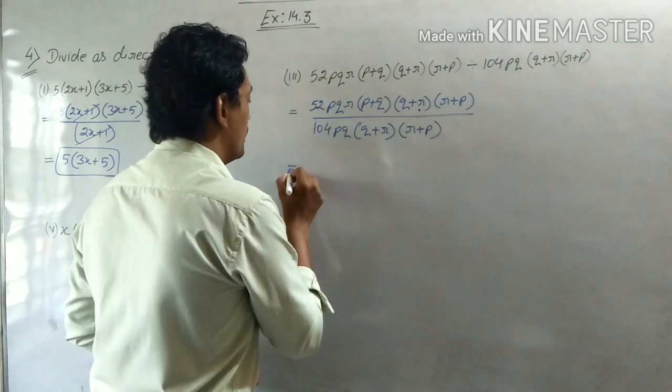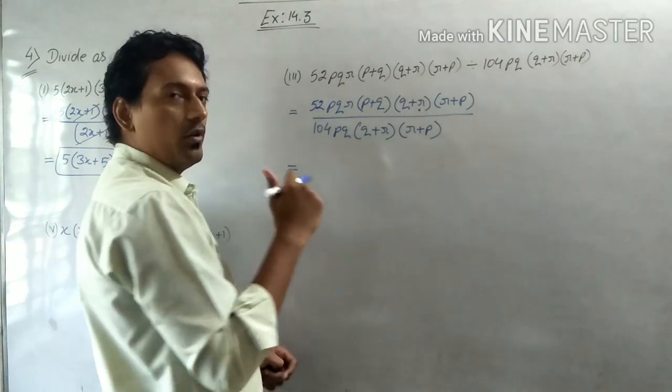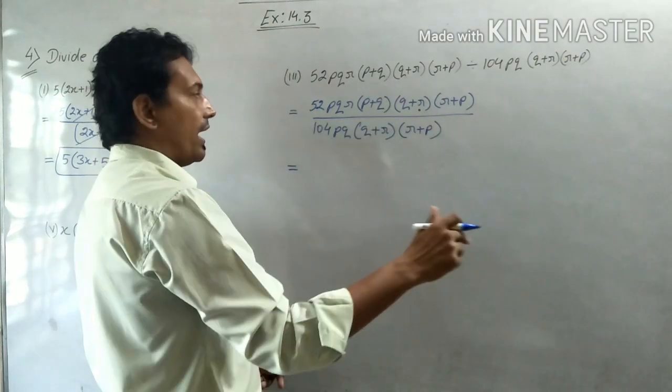Now students, for this 52 and 104, we need to find the common factor by doing the prime factorization.